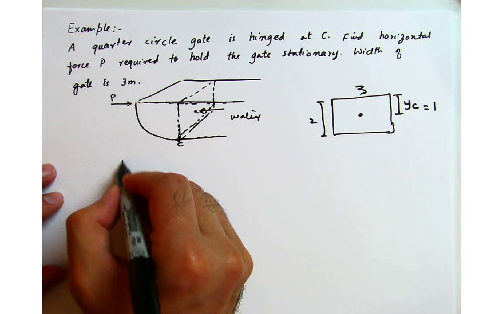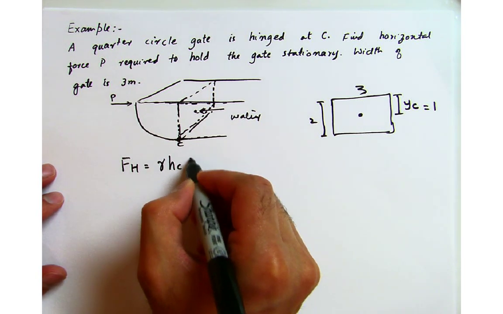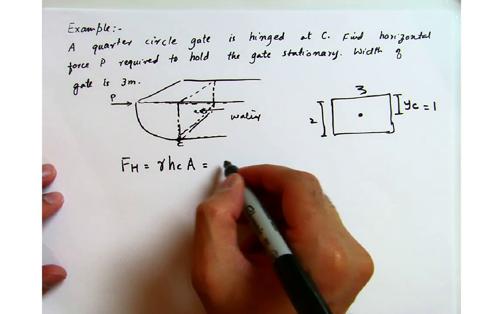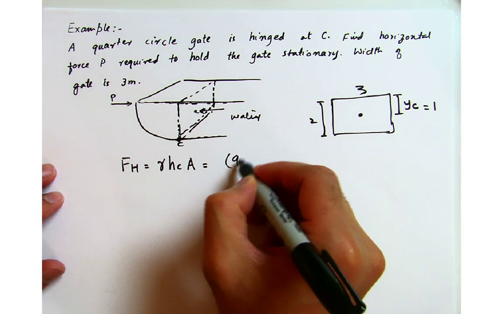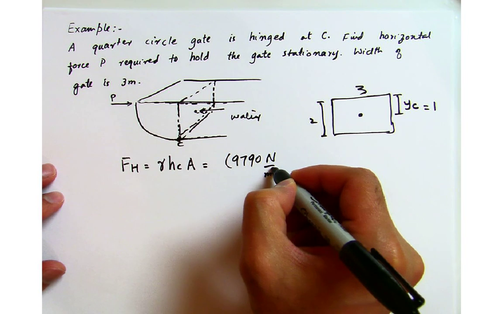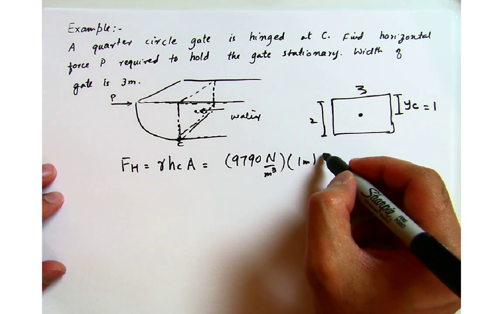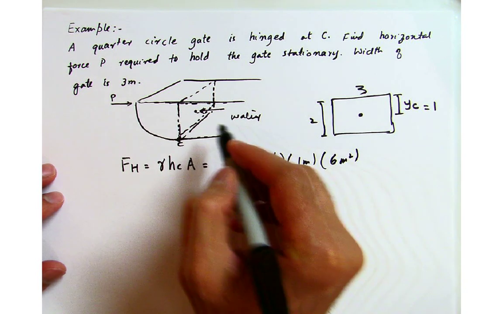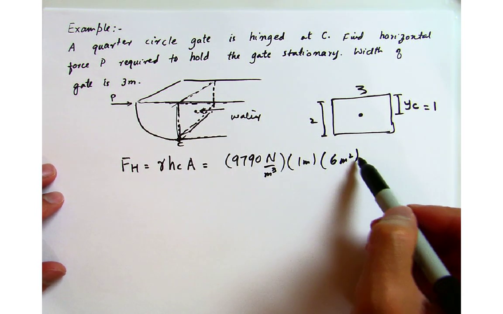So the horizontal force is simply gamma at c times A, which equals gamma, in this case taken to be 9790 newtons per meter cubed, times 1 meter, which is h_c, times the 6 meter squared, which is the cross-sectional area of that fluid element.